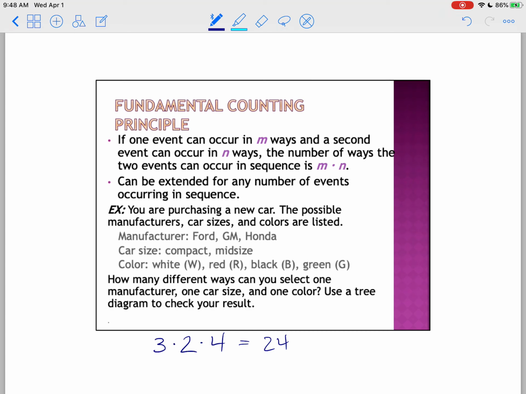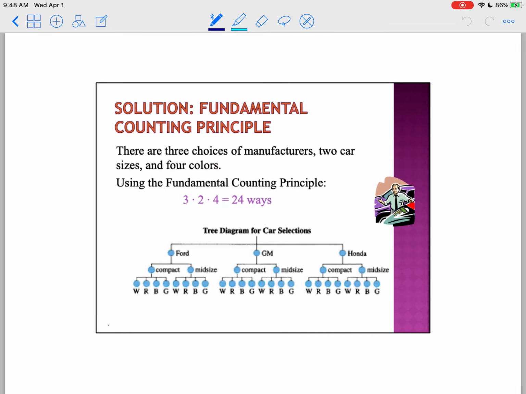Using a tree diagram, what this does is we actually draw out all of the possibilities using a tree. And so here's the tree diagram here. At the top of the tree, we have the 3 choices for the car manufacturers. And then for each car manufacturer, we have 2 car sizes. And then for each car size, we have the 4 colors.